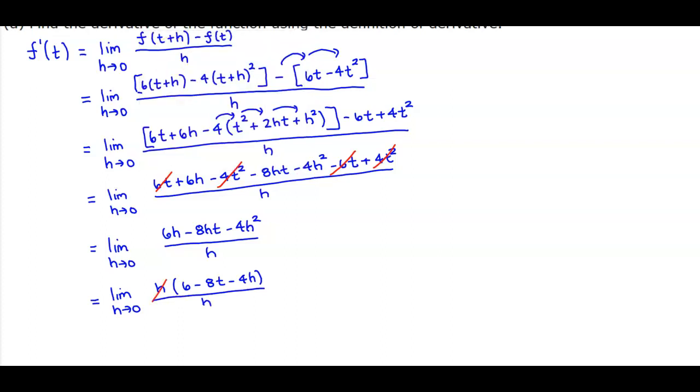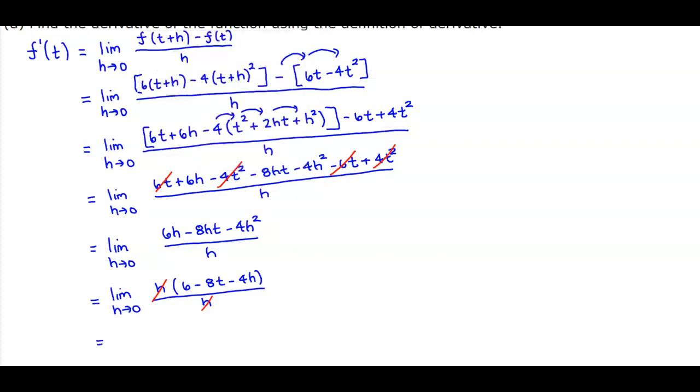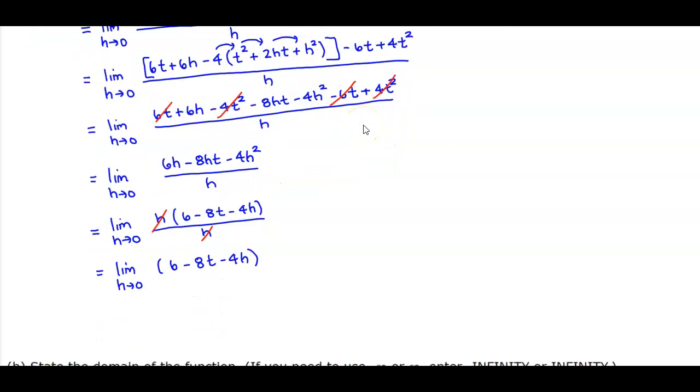So now we can then simplify the h, and we have the limit now as h approaches 0 of the function 6 minus 8t minus 4h. Okay, now we're going to evaluate this function when h is 0.